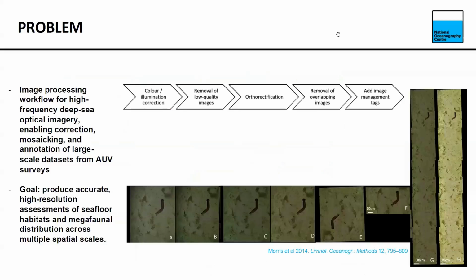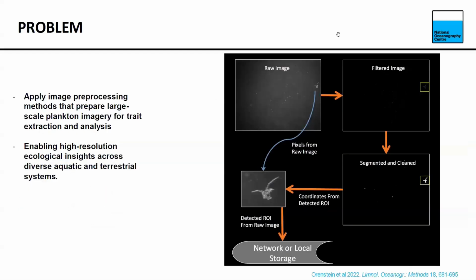I'll just show two example papers. The first one, from 2014, applied some preprocessing steps to images collected by autonomous underwater vehicles to study wide resolution assessments of seafloor habitats. They applied color correction, removed low quality images, did color rectification, and removed overlapping images. The other paper, from 2022, applied image preprocessing methods to prepare large-scale plankton imagery for trait extraction and analysis.